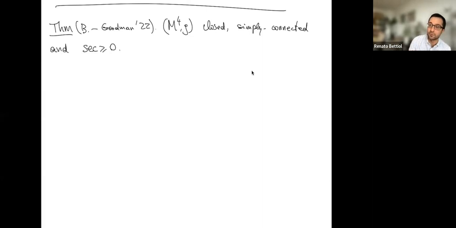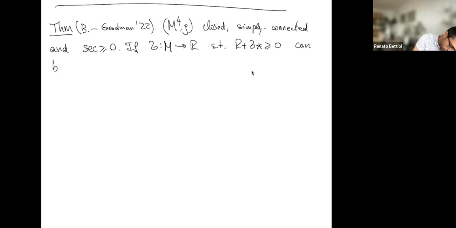I need to make an assumption on that tau. The assumption is that if tau is such that R plus tau star is positive semi-definite, and this tau can be chosen either non-positive or non-negative, so it doesn't change sign, then the metric is area-extremal.